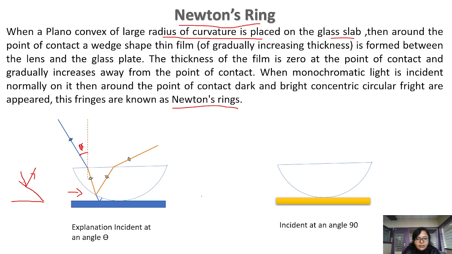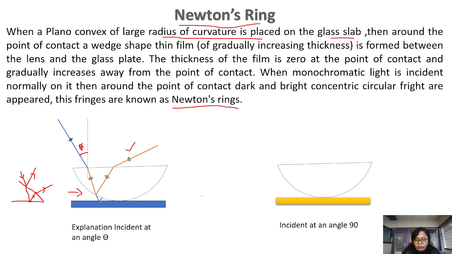This light is now reflected back and coming here. Then a small amount of the light is transmitted and strikes the lower surface. Where is the lower surface? The lower surface is here. It is also reflected back from this point and goes out. I explained this during thin film interference, so similar things happen here.